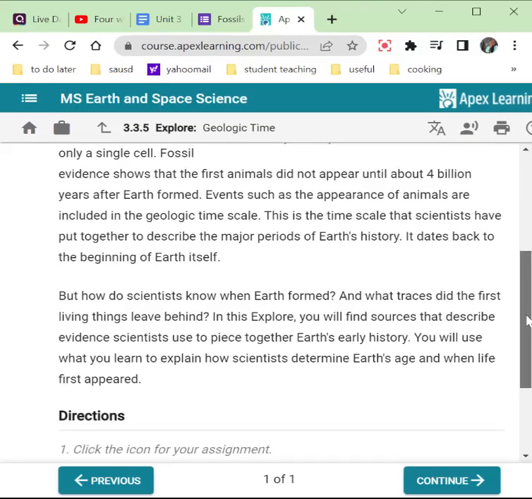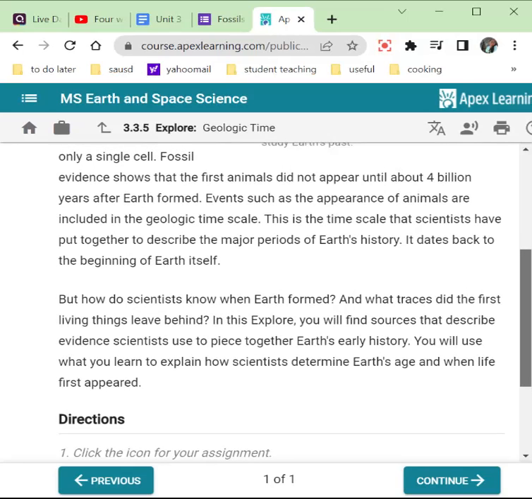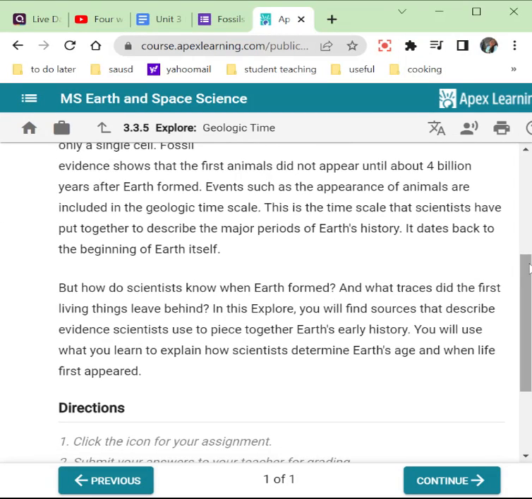So just an overview, like what we said, like how do they know how the Earth is formed, or how old everything that used to live here is, even though it's extinct. So it's all about fossils. They'll use that to find out.